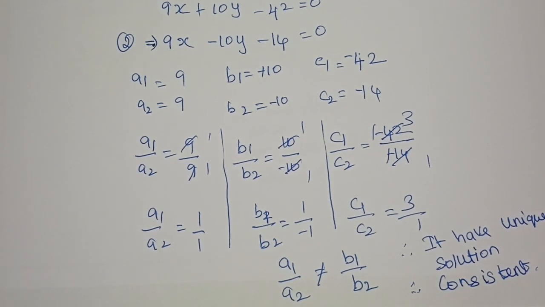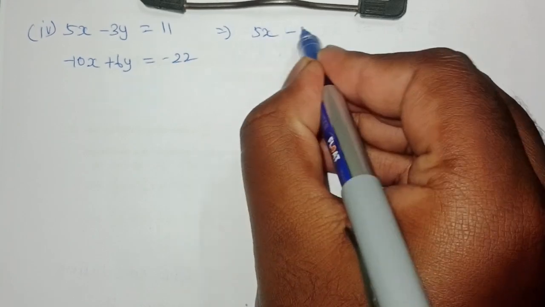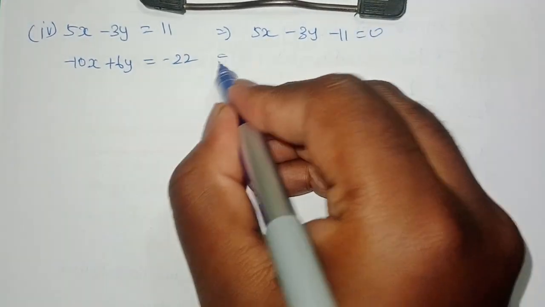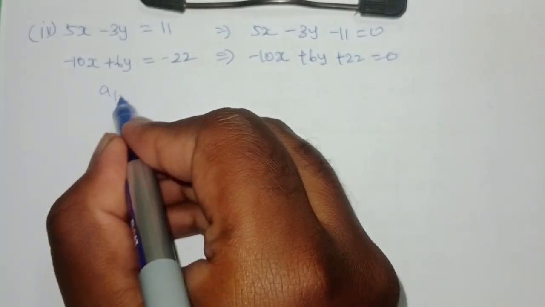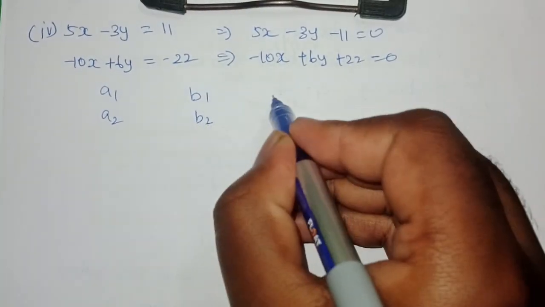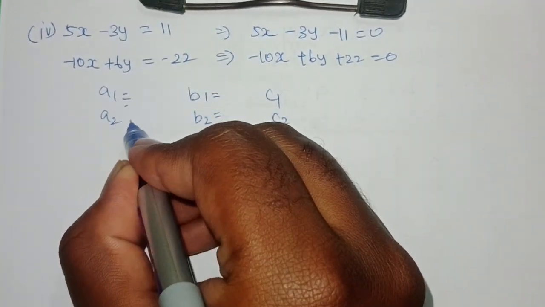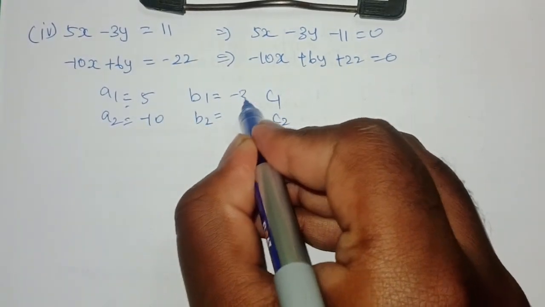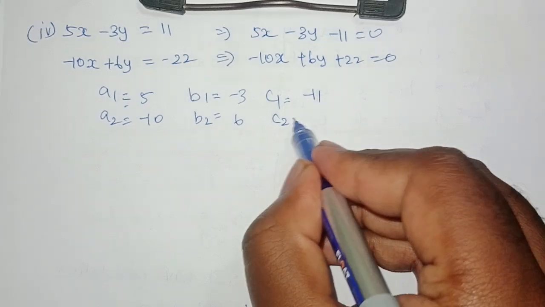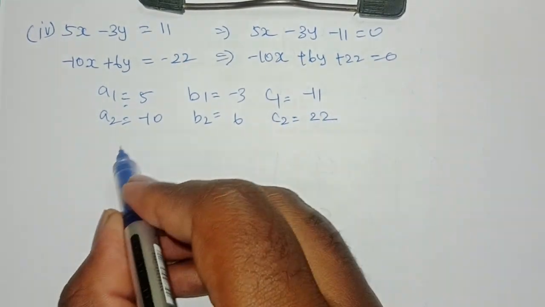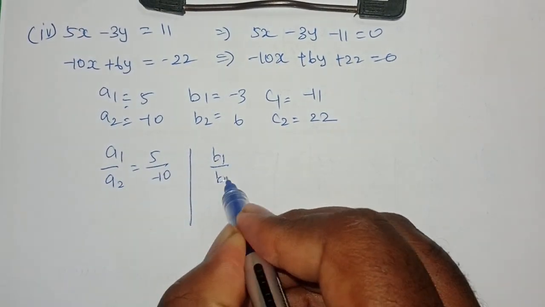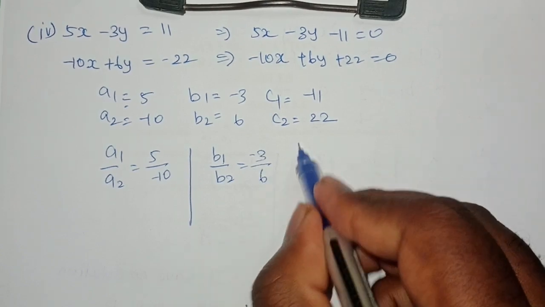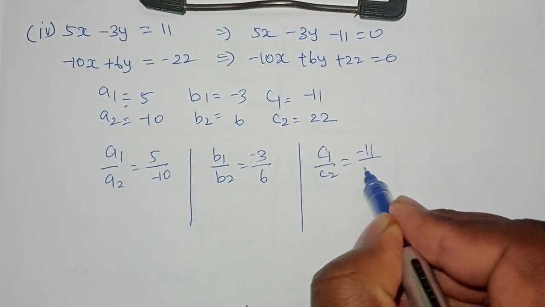Next, the fourth subdivision. We rewrite 5x minus 3y minus 11 equal to 0, minus 10x plus 6y plus 22 equal to 0. a1, a2, b1, b2, c1, c2: 5, minus 10, minus 3, 6, minus 11, 22. a1 by a2 is 5 by minus 10, b1 by b2 is minus 3 by 6, c1 by c2 is minus 11 by 22.